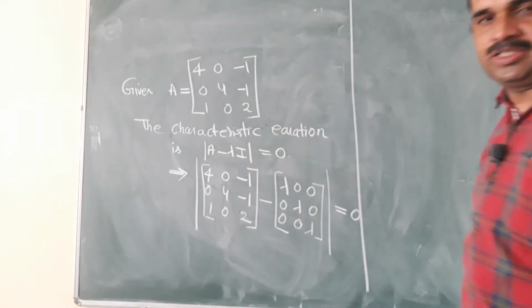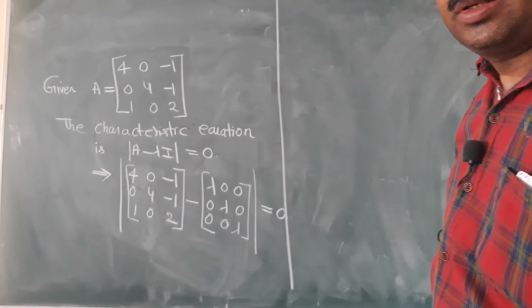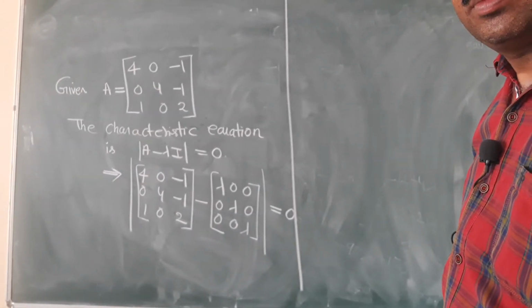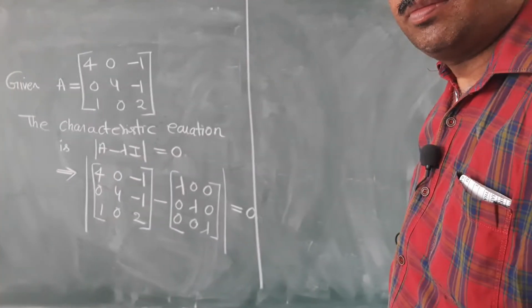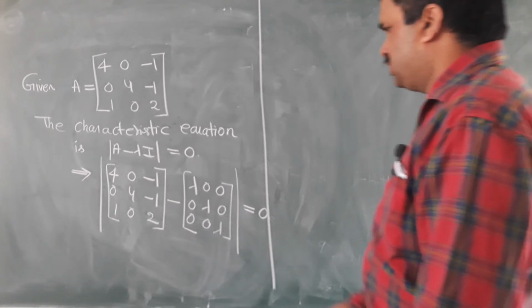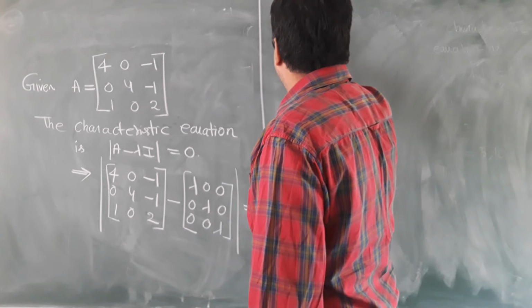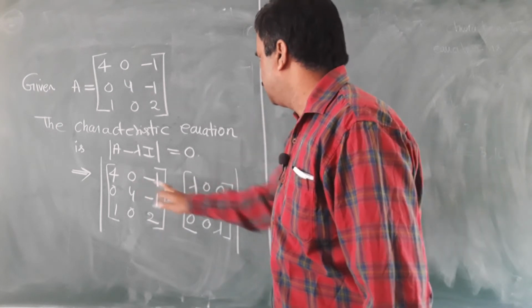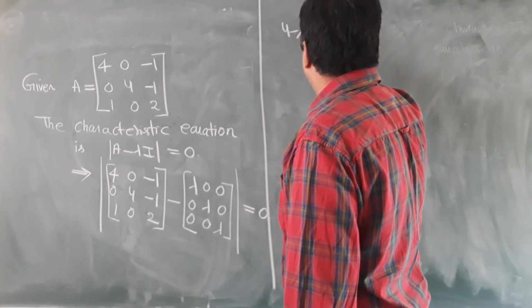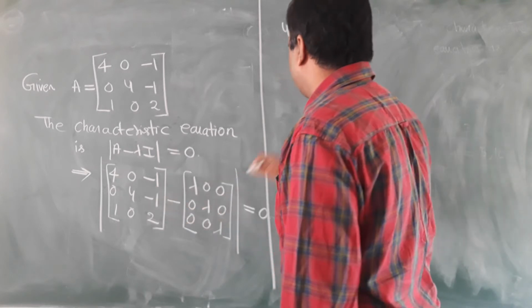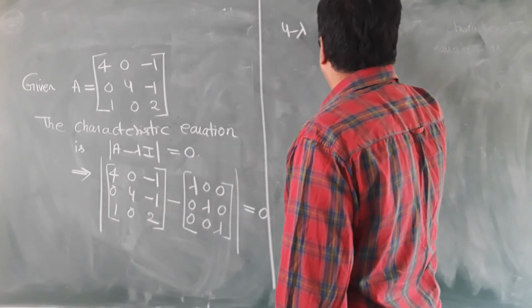Now we do subtraction for these matrices, subtracting corresponding elements. First row: 4 minus lambda, 0 minus 0 is 0, minus 1 minus 0 is minus 1.